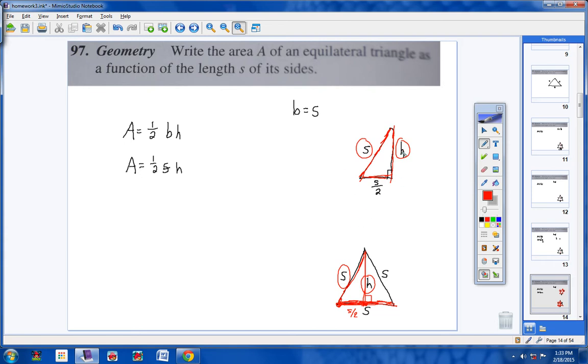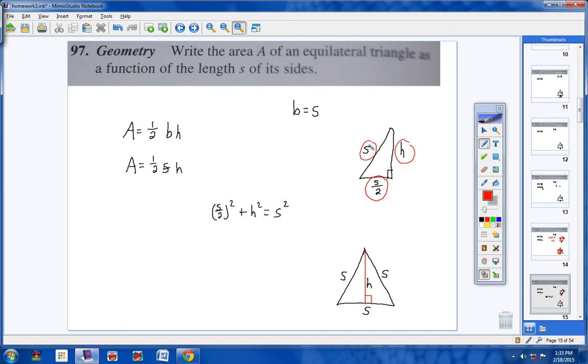Now I can set up Pythagorean's theorem. Remember, leg squared plus leg squared equals hypotenuse squared. Guys, I can set up Pythagorean's theorem, and the entire Pythagorean theorem will only have S's and H's in it, and that's really good. Here's what it would look like. Okay, I take my one leg here, I square it. I take my other leg here, I square it.